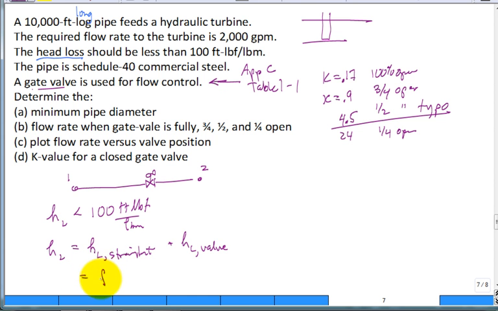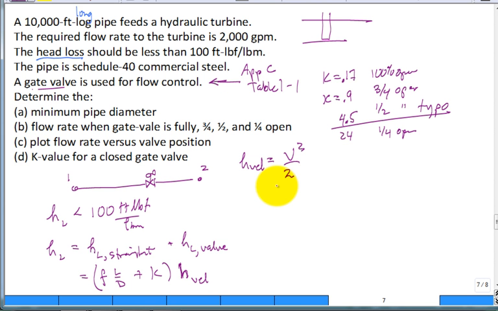Well, f L over D plus K times the velocity head. Because these are in those units, that velocity head is going to be v squared divided by 2.